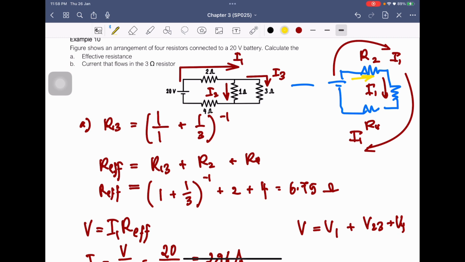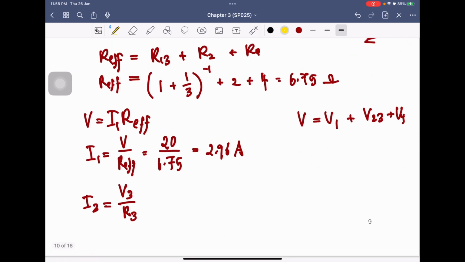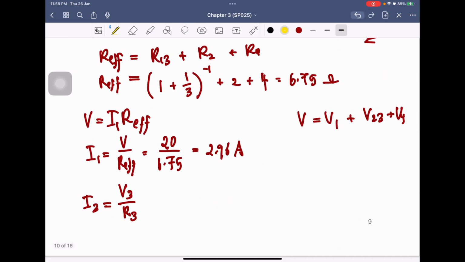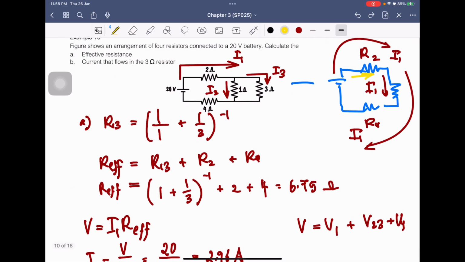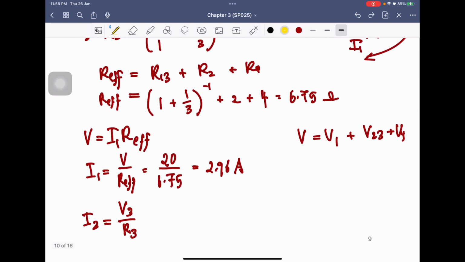So this is V1, I'm writing. It's going to be R2. Wait. This is 3, correct. Okay. So it's going to be V2.